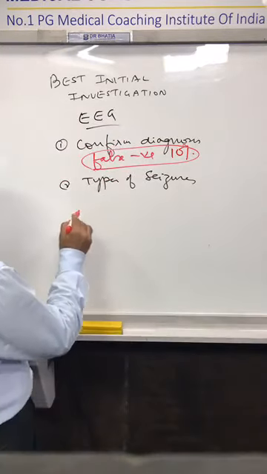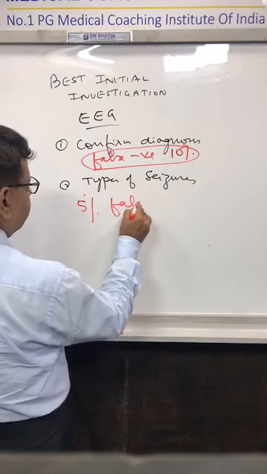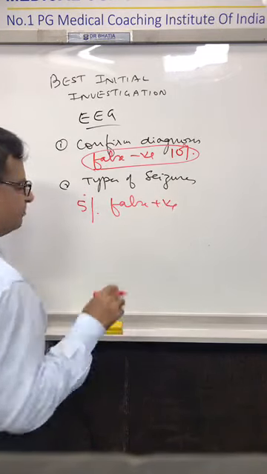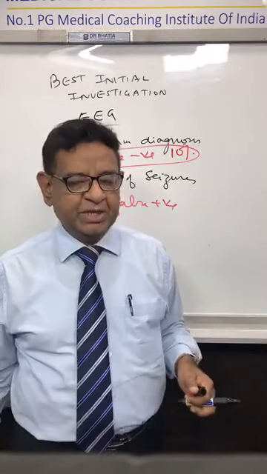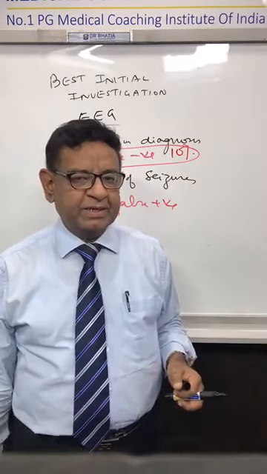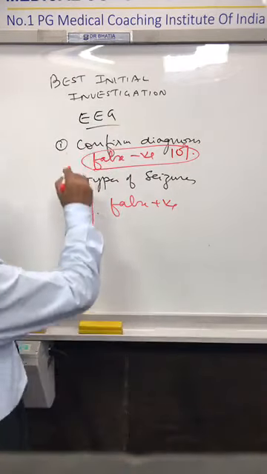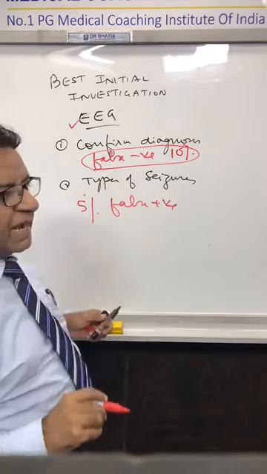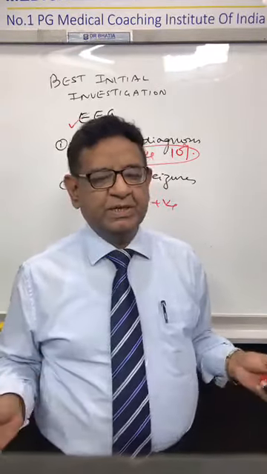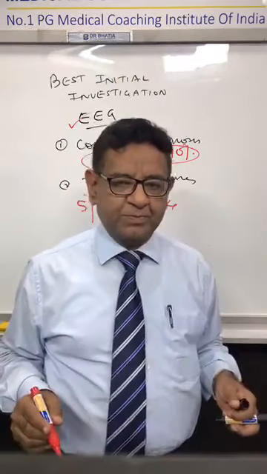But in 5% of cases, it may be false positive, meaning the patient does not have seizure, but still EEG may show some abnormality. Okay? But still, it is always the investigation of choice, because as I told you, it will confirm the diagnosis and the type of seizure also.